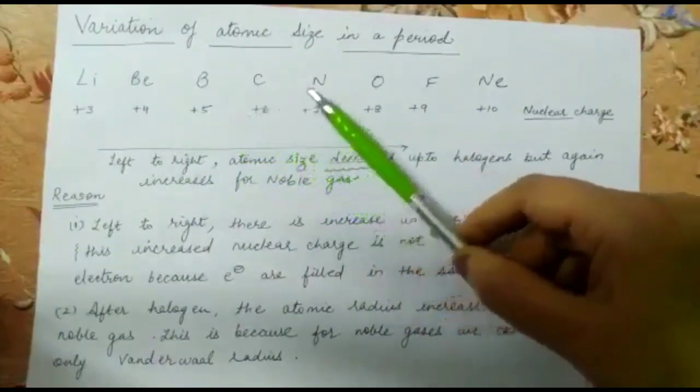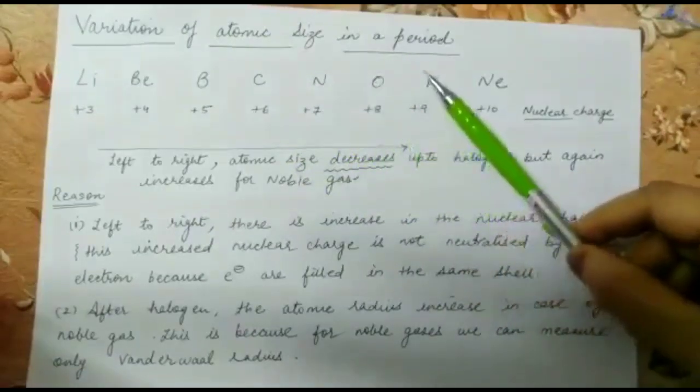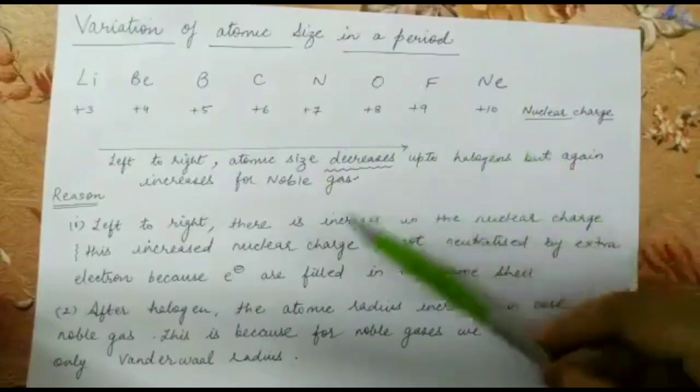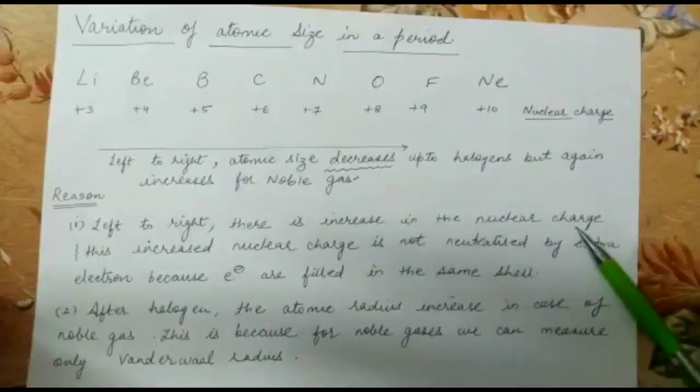Carbon +6, nitrogen +7, oxygen +8, fluorine +9 and neon +10. So nuclear charge is continuously increasing, and this increased nuclear charge is attracting the shells towards the nucleus. So the shells will contract and atomic size decreases.